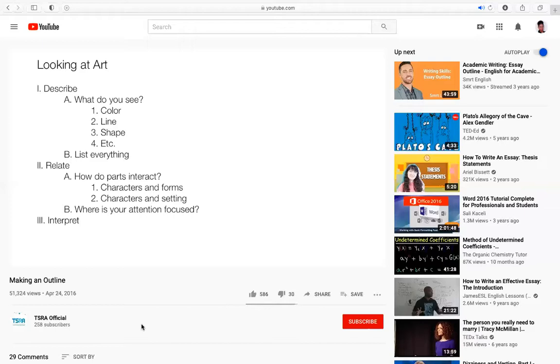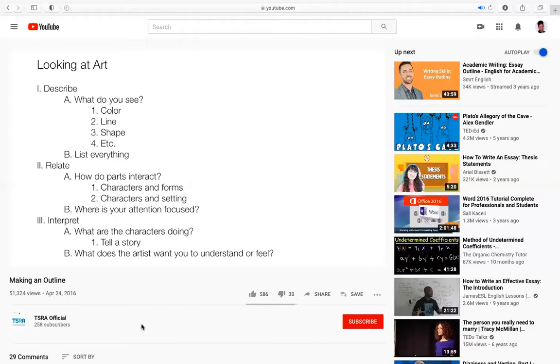Here we're supposed to ask, what are the characters doing? So we'll go ahead and make that our first supporting idea. And because we're supposed to tell a story as part of that question, we'll make tell a story a detail. Then we're also supposed to ask the question, what does the artist want us to understand or feel? Since that's a new question, we'll make that a new supporting idea. And that's it.